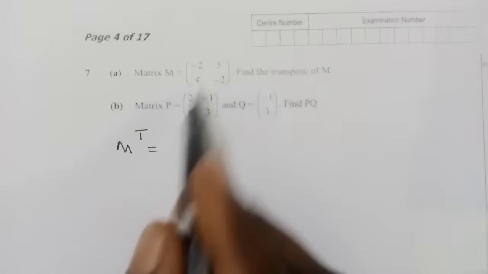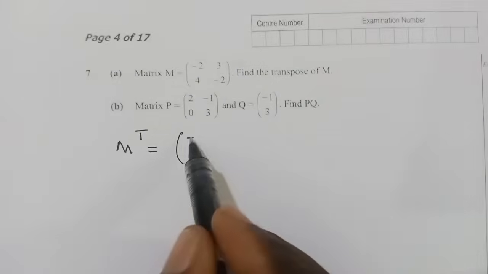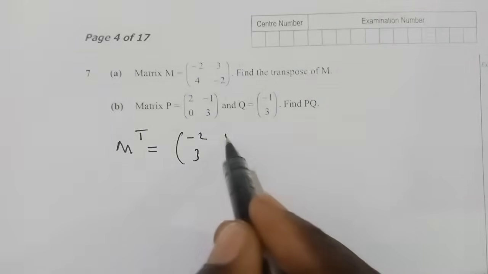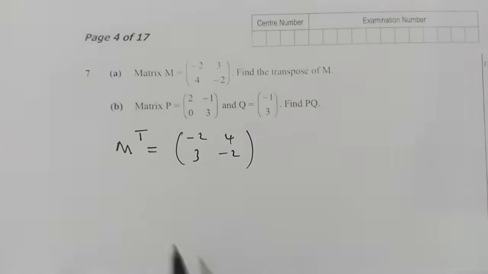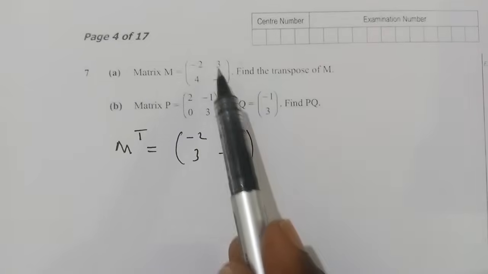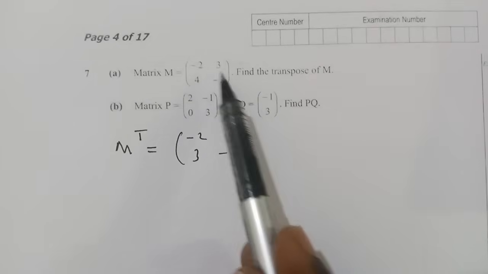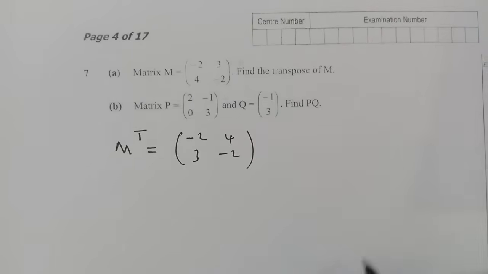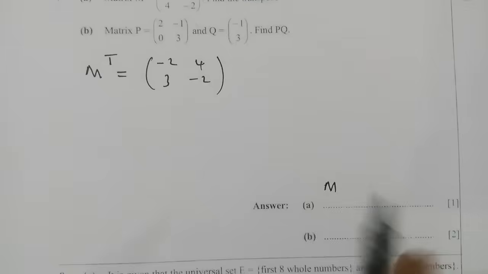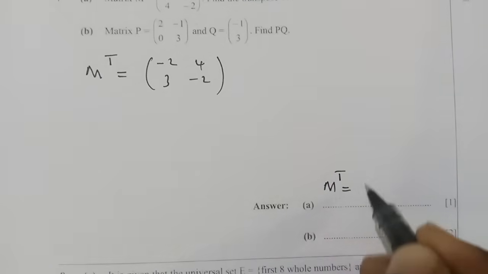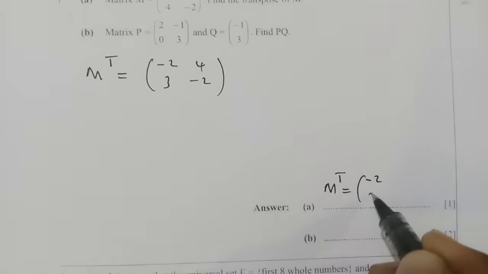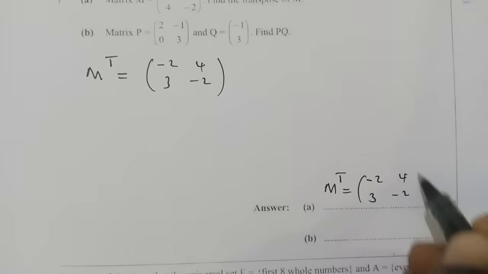M, our M is right here, so the transpose of M will just switch the positions. Okay, this one comes here, this one goes there, this one maintains, just like that. So you can write here like that.